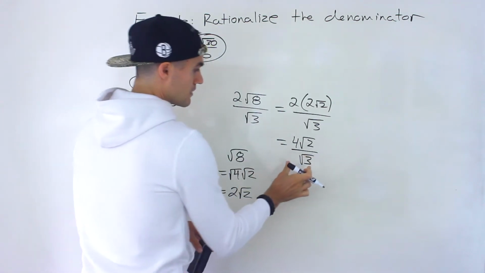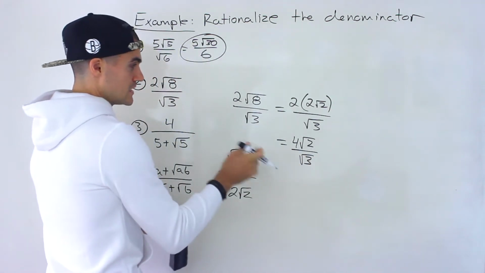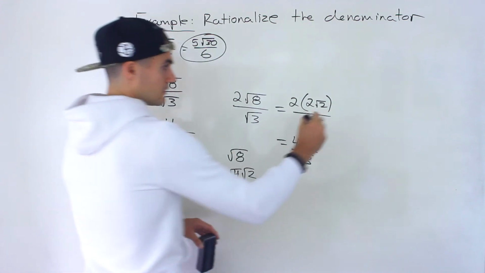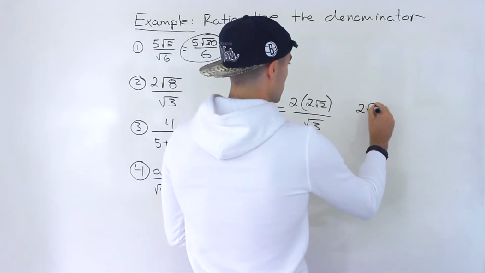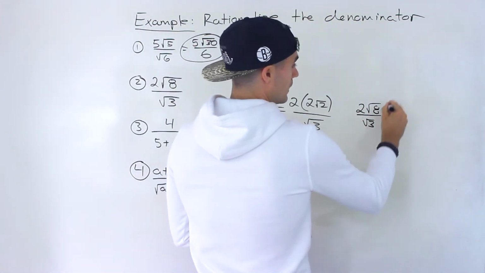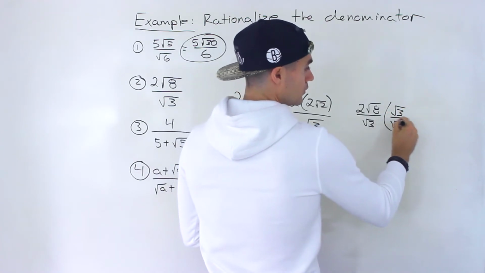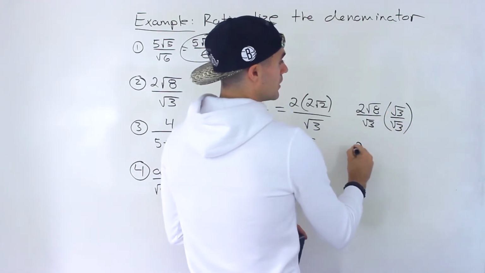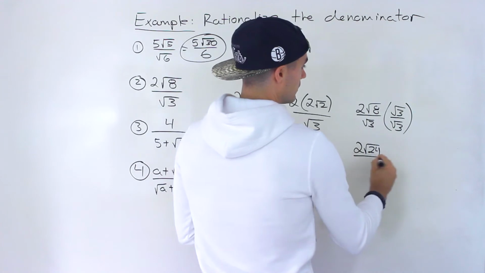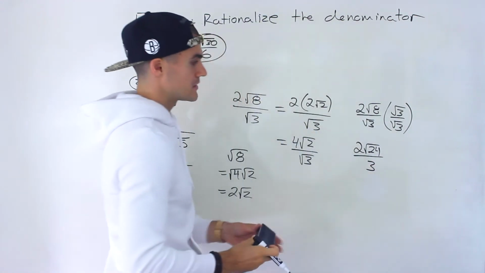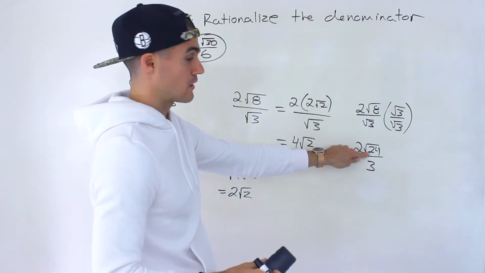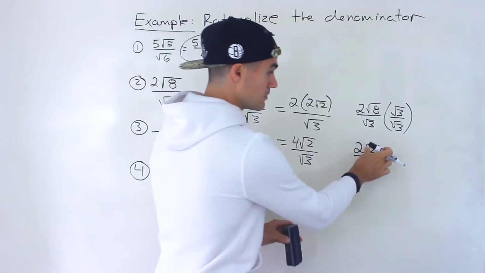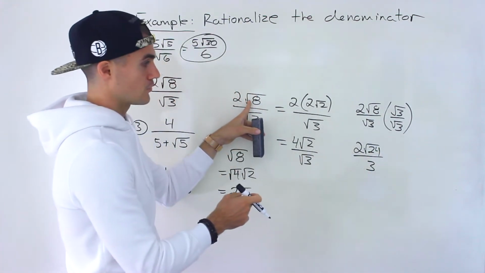And now we could simplify this. Now if you didn't do that, like if you kept the 2 root 8 over root 3 and then you multiplied it by root 3 over root 3, you can do that too if you want. But then what's going to happen is you're going to have to end up simplifying that root 24 at the end. And this is going to be a bigger number than the root 8, right?